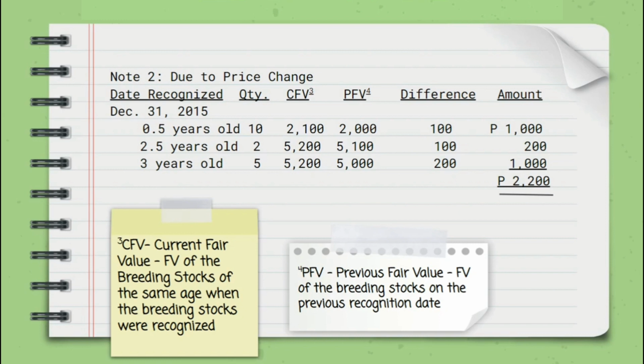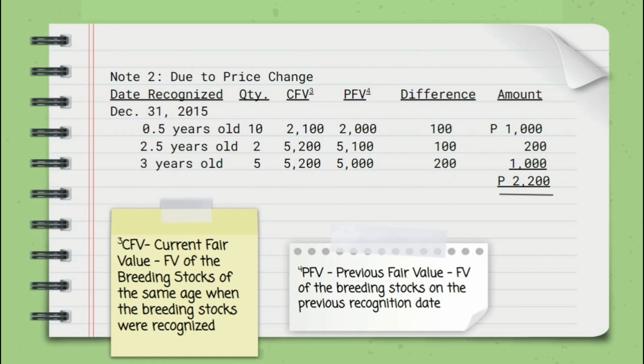Then its difference and amount. So first, on December 31, 2015, the entity acquired 10 0.5-year-olds, which has the current fair value of 2,100 and previous fair value of 2,000, which has a difference of 100 pesos. When multiplied by 10 will give us the amount of 1,000 pesos.